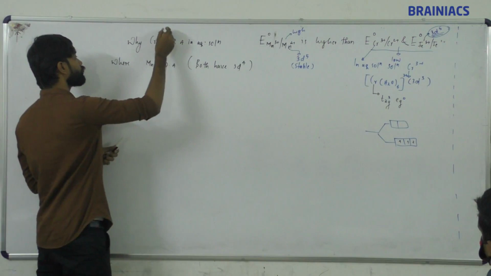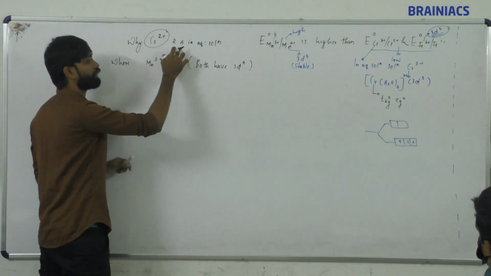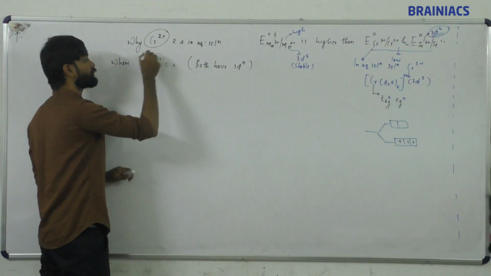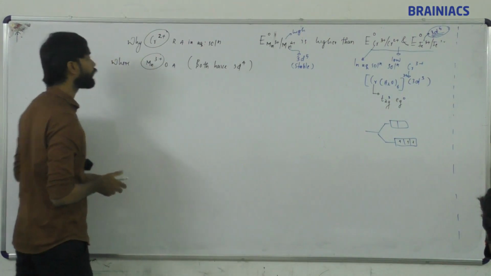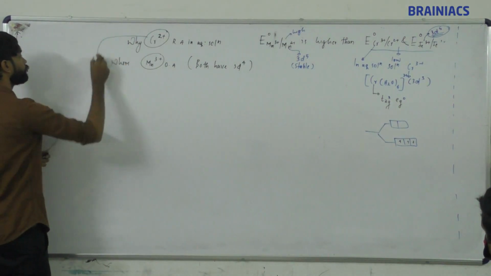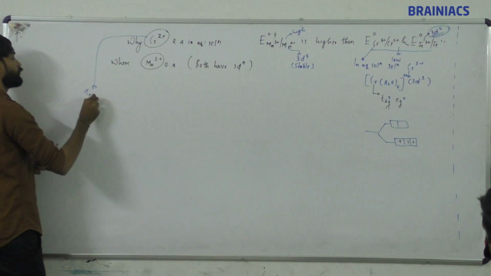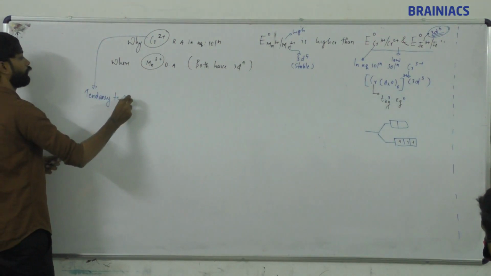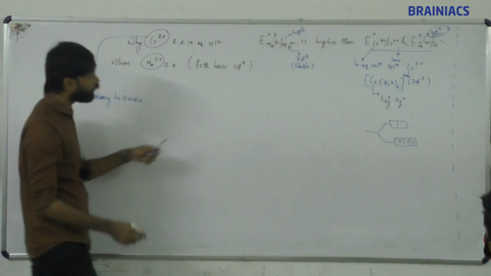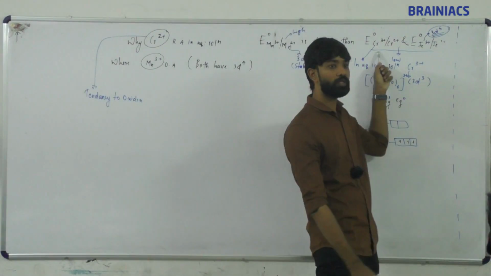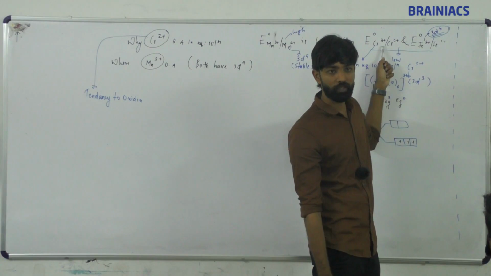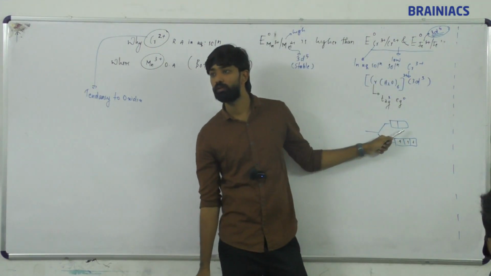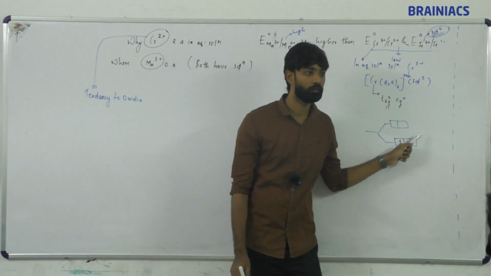Then on the basis of what criteria does one act as a reducing agent and the other as an oxidizing agent? Reducing agent means tendency to oxidize. In solution, Cr2+ will readily become Cr3+ because Cr3+ is more stable, as already explained.